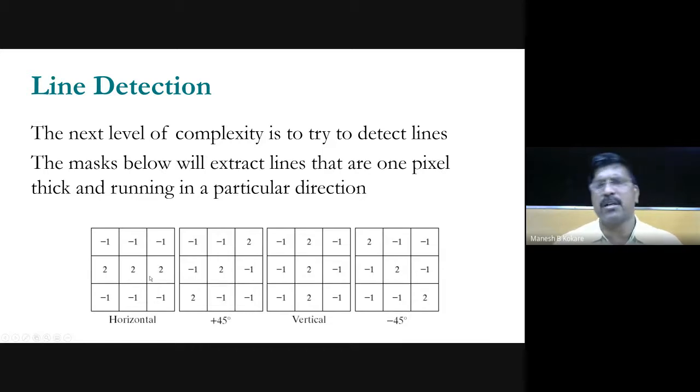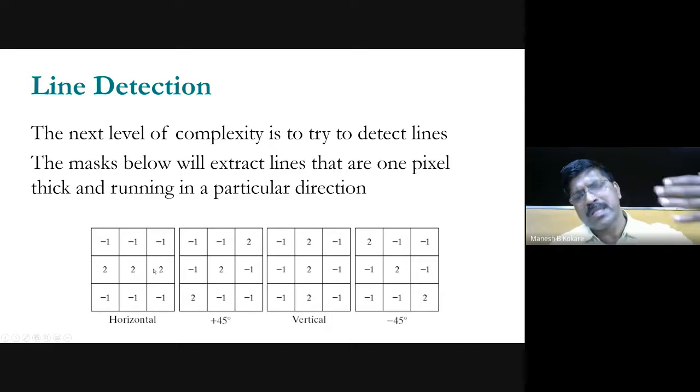When you have to detect lines oriented horizontally, you just convolve this mask with the image, and it will detect all the lines oriented in the horizontal direction. So after convolution of this mask with the original image, you get output that detects only horizontal lines in the image.